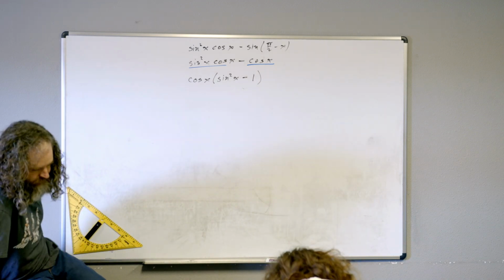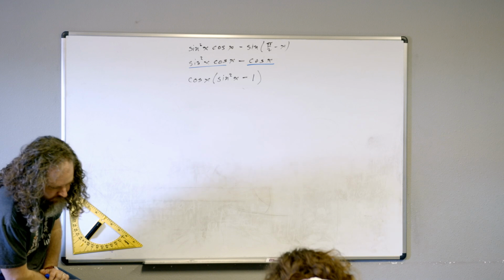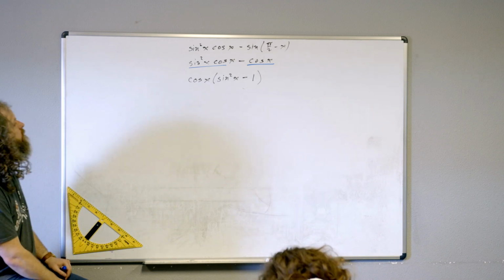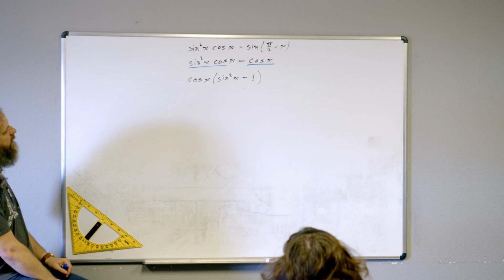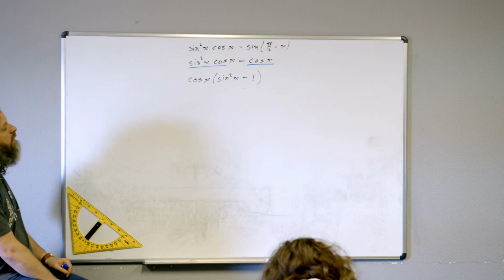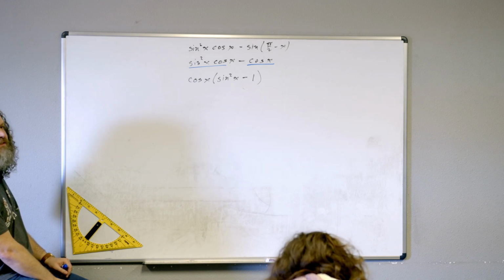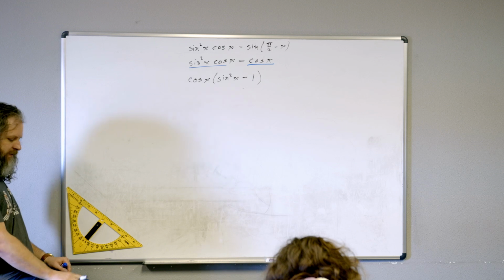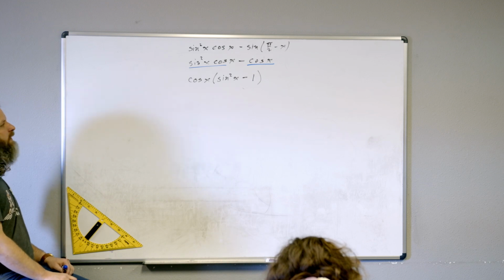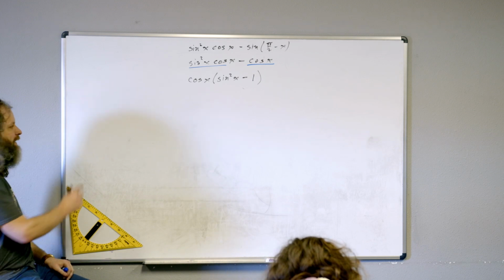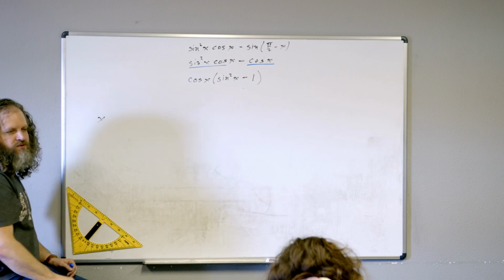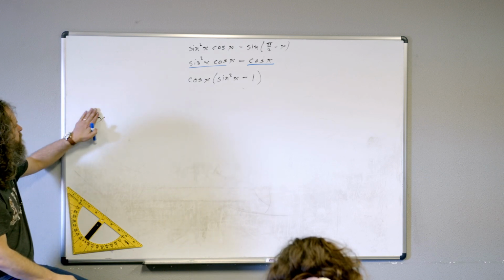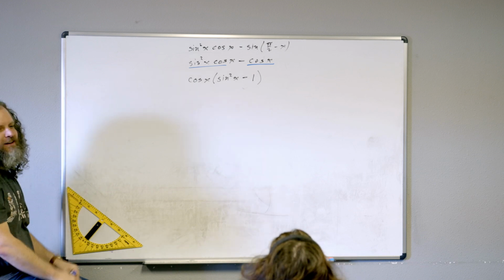And so the negative cosine becomes a minus 1 because you factor it out. That's just like a regular polynomial. If you factor out an x, then the x turns into a 1. It's just a big old fat ugly variable.